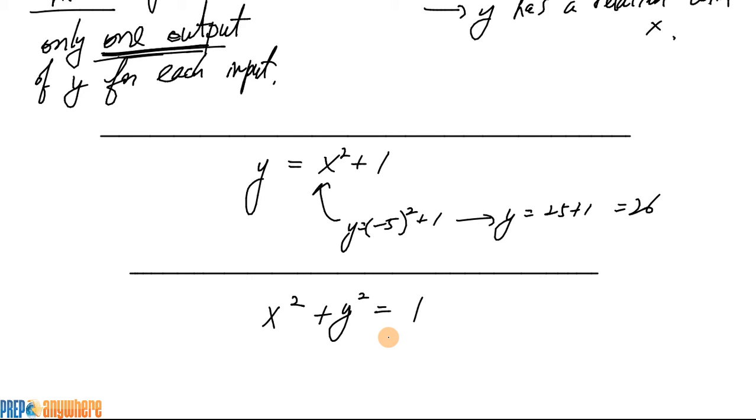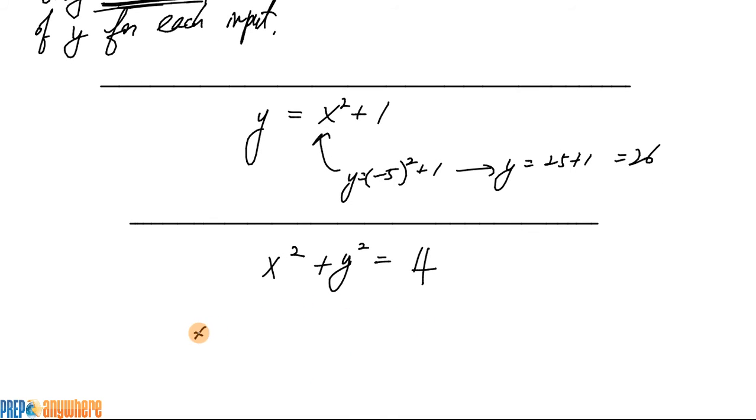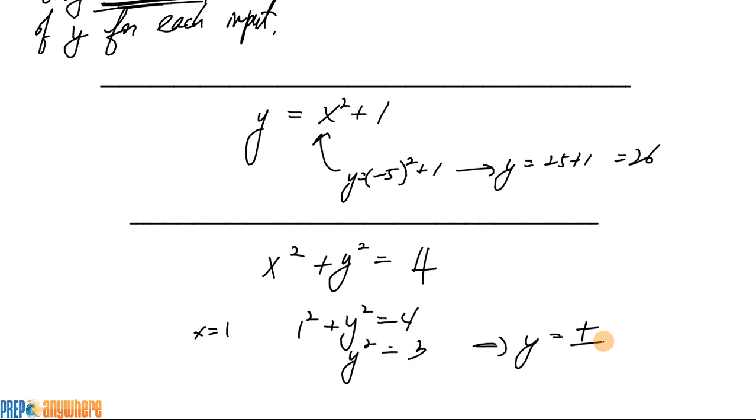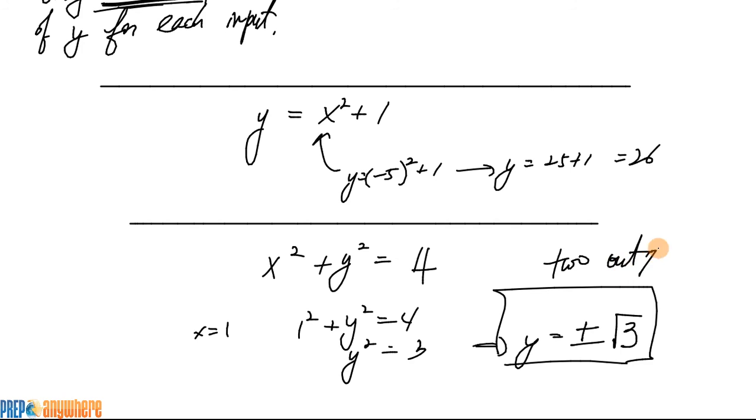Actually, let me pick 4. What happens if I pick x equals 1? You get y is equal to plus or minus square root of 3. There are two outputs here. This is not a function.